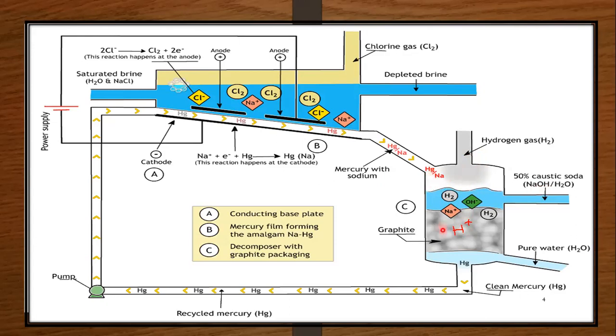The mercury is recovered in this process, and with the help of a pump it is shifted into the upper inclined trough. In this way, this is a cyclic process. And what is depleted brine?